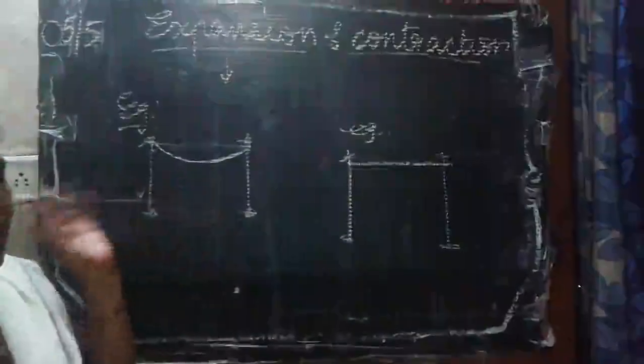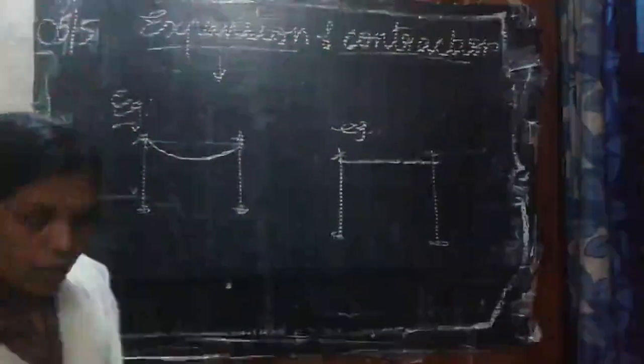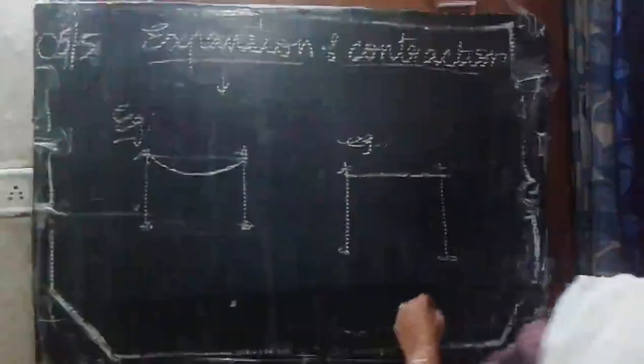Clear? Now the next topic is changes. There are two types of changes, physical and chemical changes. There are so many changes around us.